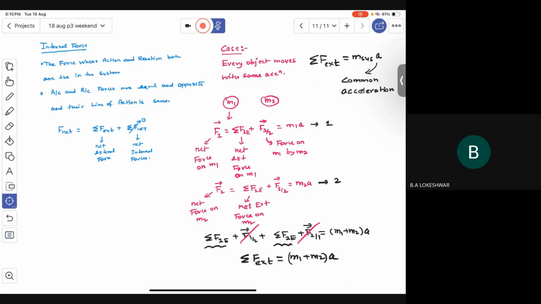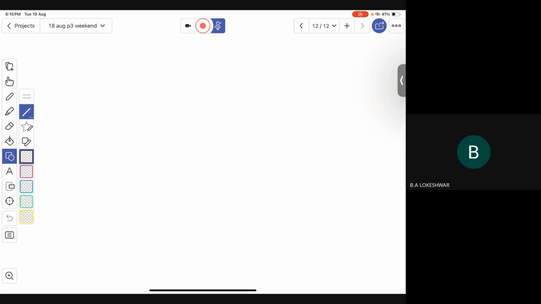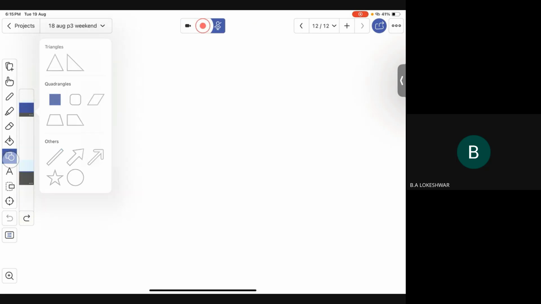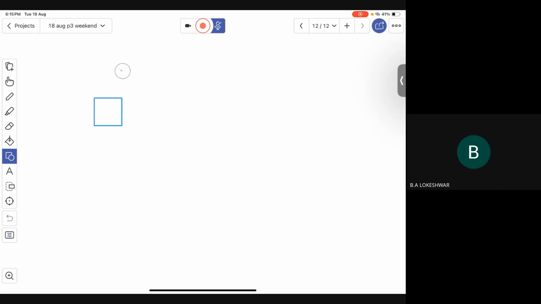I'll draw the same figure here, because in this app, if I paste something, it crashes everything, forcing me to draw things again and again.